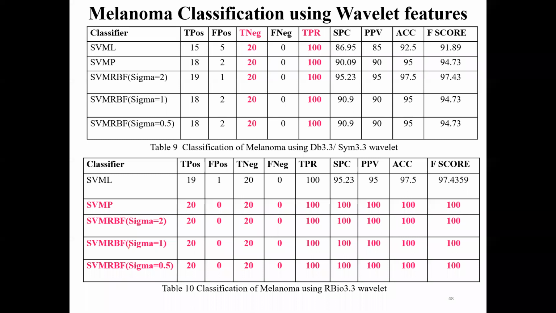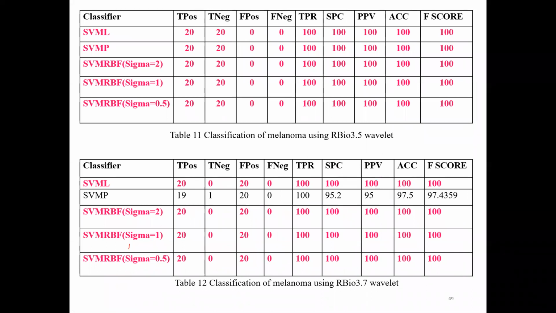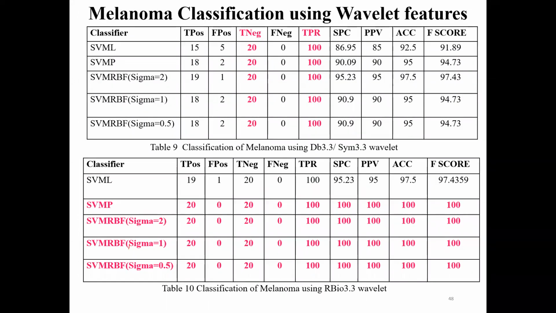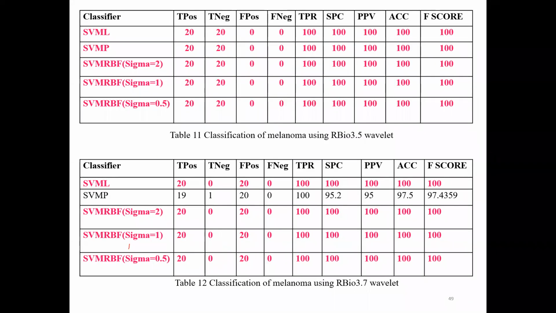That means you got a better wavelet, reverse biorthogonal 3.3 wavelet, for melanoma. And similarly, RBIO 3.5 is again much better with all classifiers. And you have classification of melanoma using reverse biorthogonal 3.7 wavelet tabulated here.